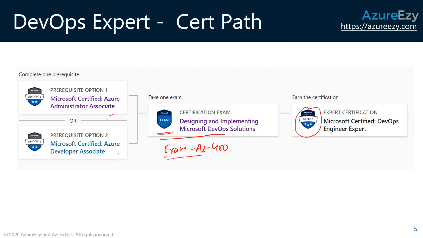Getting the badge will be possible if you have either one of these exams. So you can plan them either first going through one of these and then this, or vice versa. You first go through AZ-400 and then take one of the prerequisites based on your preference, and then you get a badge. This is the thing about this exam.